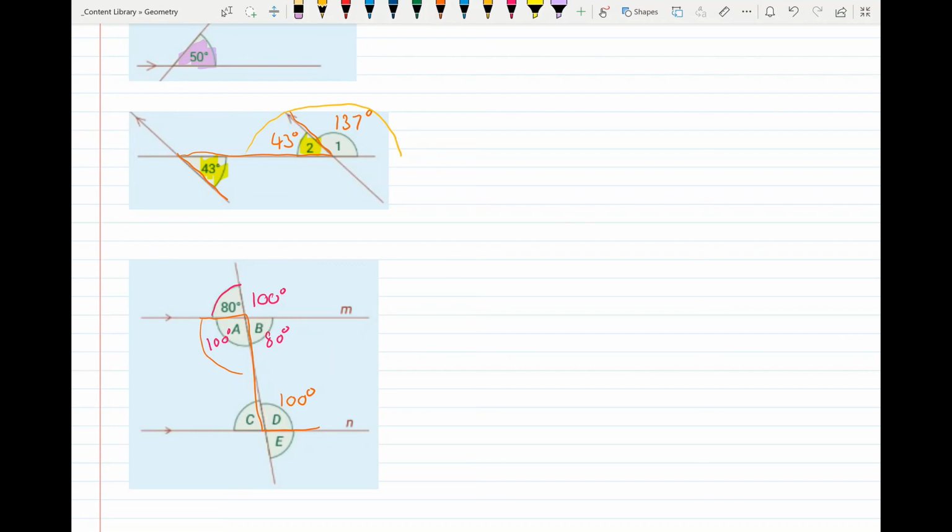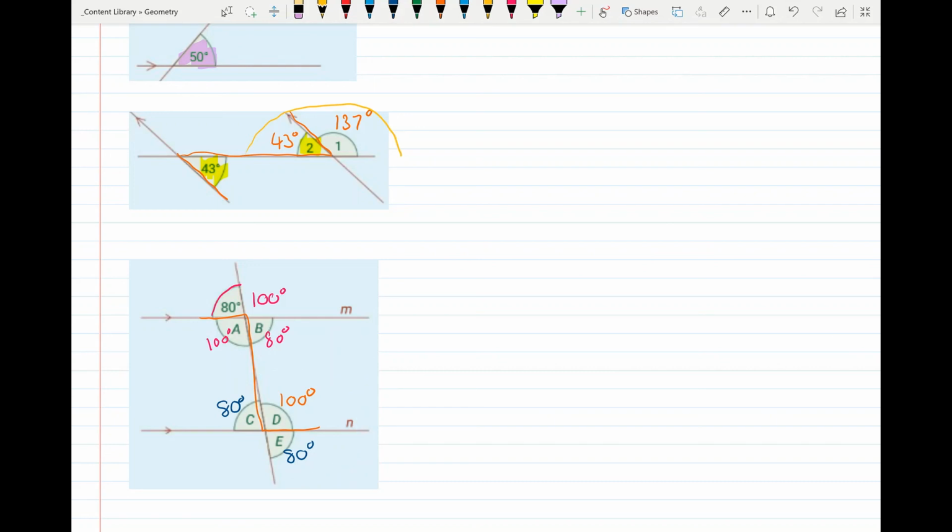And then angle B is going to be alternate to C. So C is going to be 80 degrees. And similarly, if we add 80 and 100, it has to add up to 180. So C and D together have to be 180. And C is vertically opposite to E, which is going to be 80 as well. And again, that makes another 180 degrees with D and E.